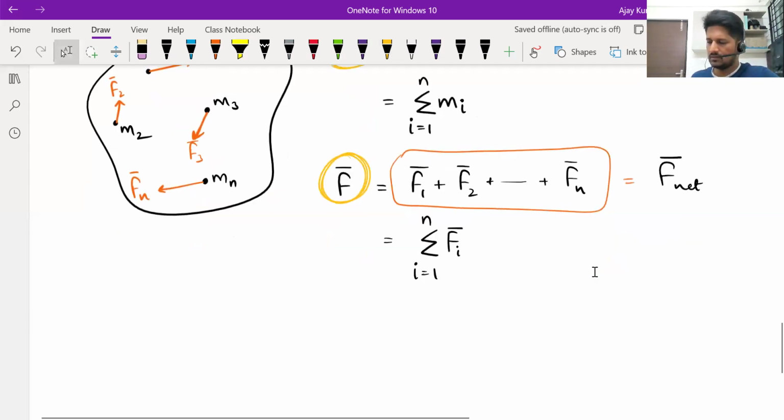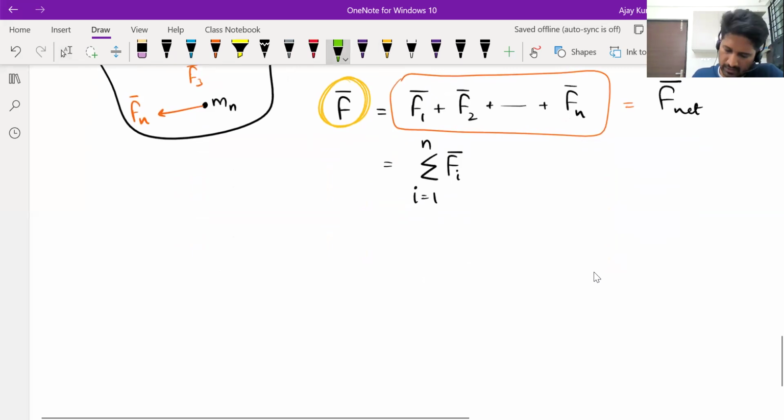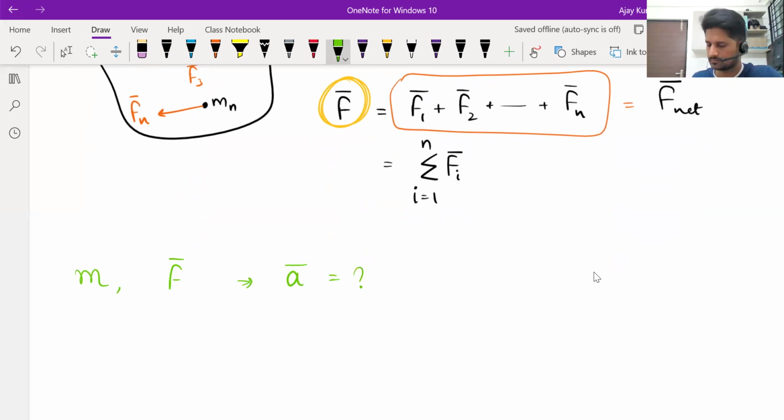Okay. Now one of you tell me, if a mass m has a net force F acting on it, how much is its acceleration?